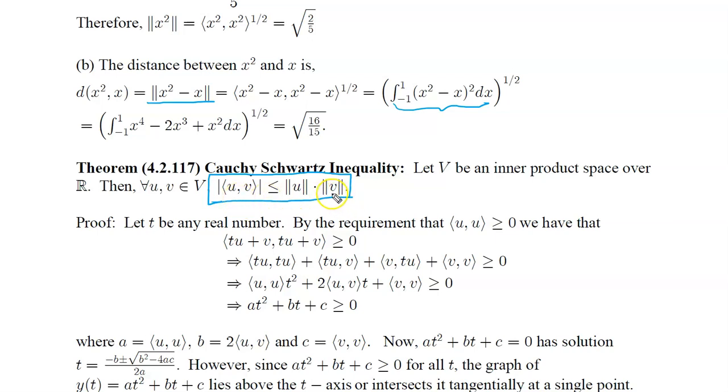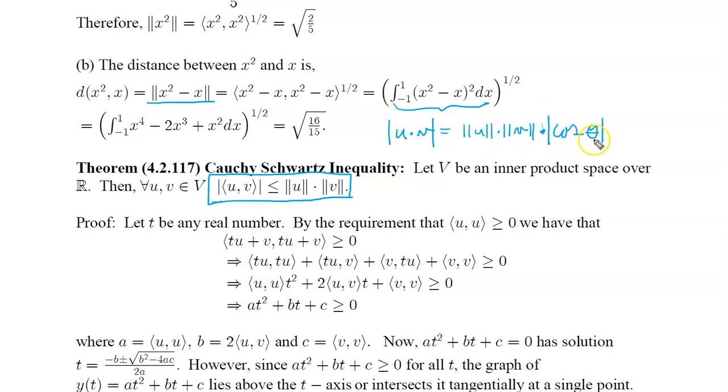Now if you think back to a prior result that we had, this should make sense if you think about dot products. Remember that we had this result, u dot v equals magnitude u times magnitude v times cosine theta. Recall that result? Well, if we take the absolute value of both sides here, the magnitudes are always positive anyway, so we just get this.